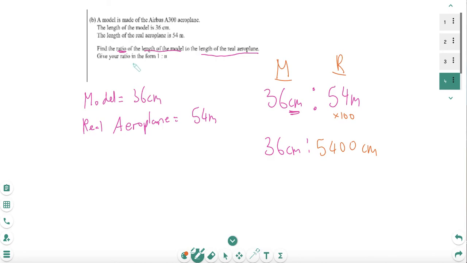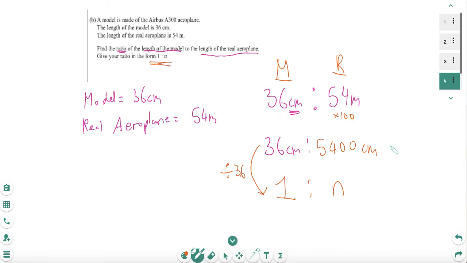And now it says give your ratio in the form of 1 to n. Well, they want our first number to be 1, and we've got to find n. How do we do this, guys? It's pretty straightforward. How do we get from 36 to 1? Well, we divide by 36. So ratios are always proportional.